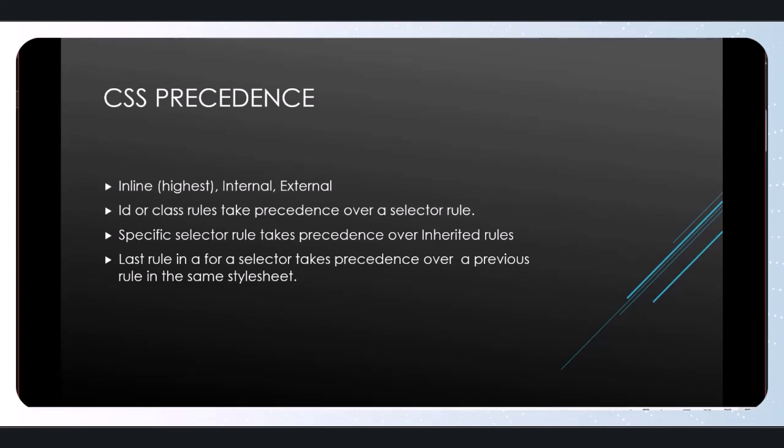If you have an ID or class rule, it's going to take precedence over the selector rule. So if we had a rule for an H2 heading, and then we also had a specific H2 heading that we gave an ID or class for, it's going to go with the one for its specific ID or class.